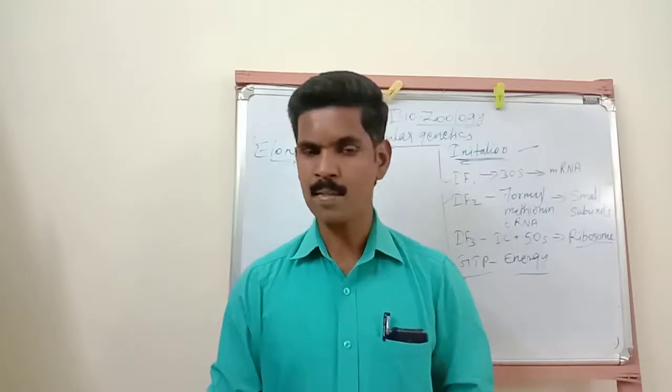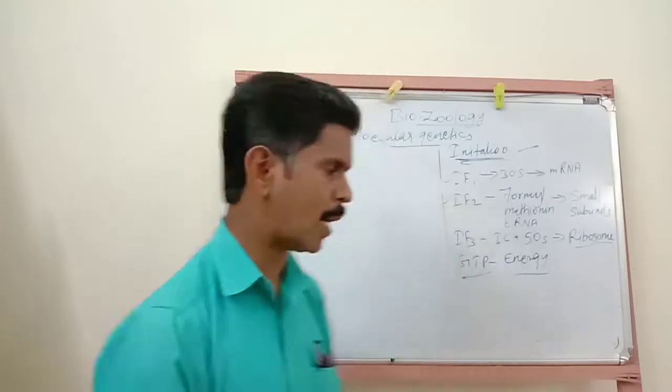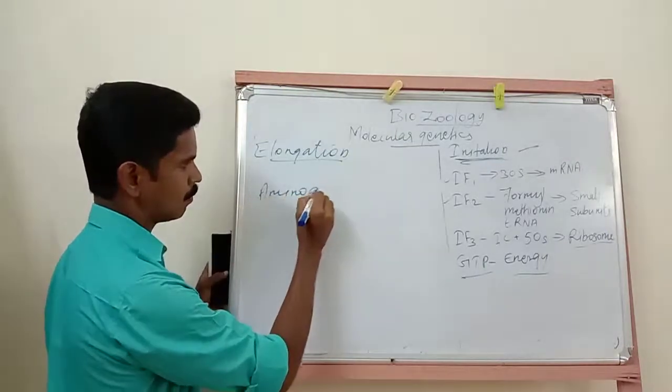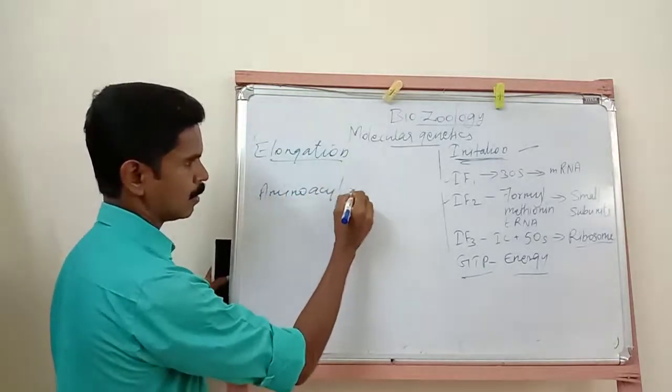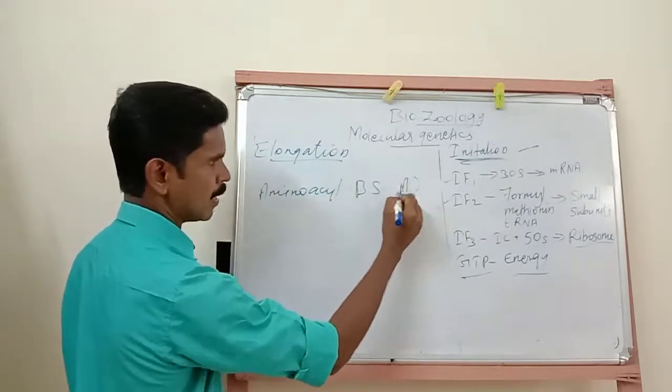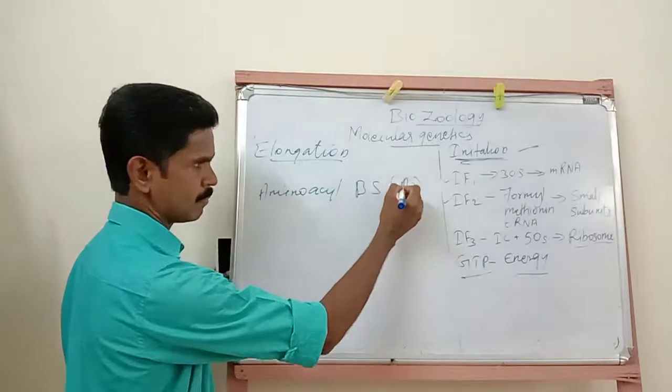Okay, so the first binding site is called the amino acid binding site. In short we can say A site.